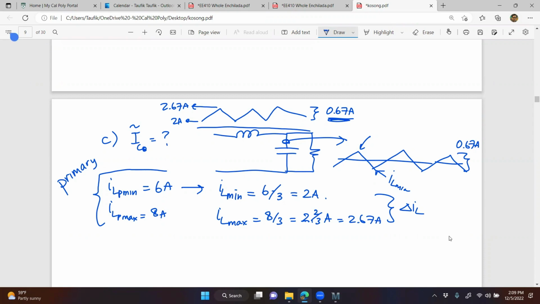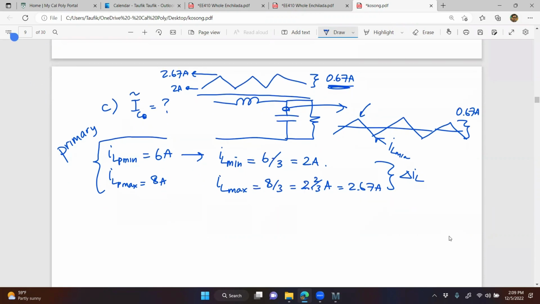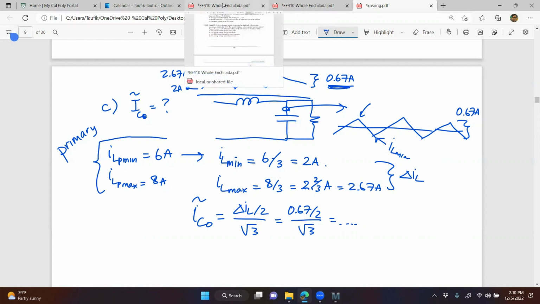So therefore, IC out RMS should be delta IL divided by 2 root 3. So that's going to be 0.67 over 2 divided by root 3. That's going to be the RMS of current through the output capacitor. Okay, any question on that one?